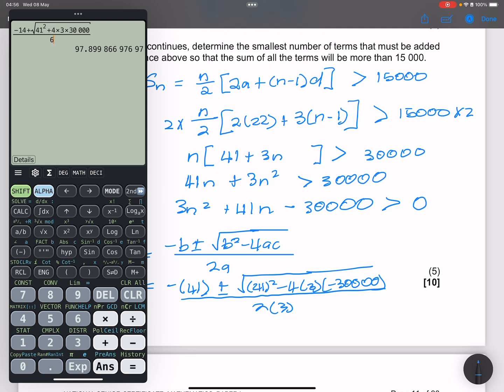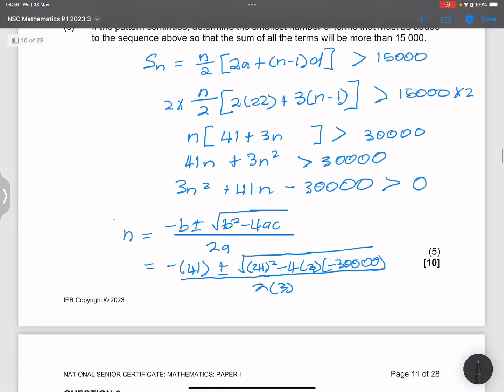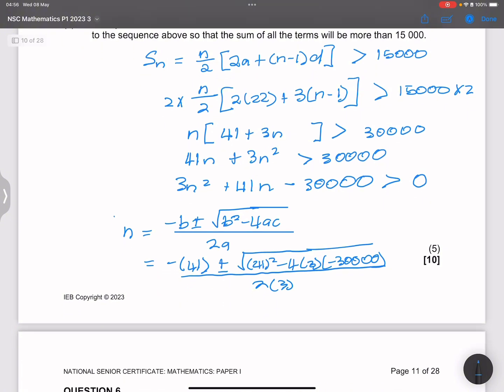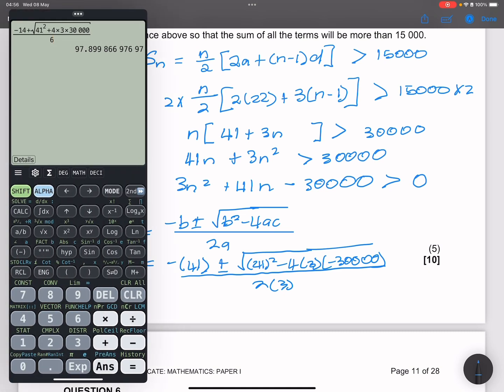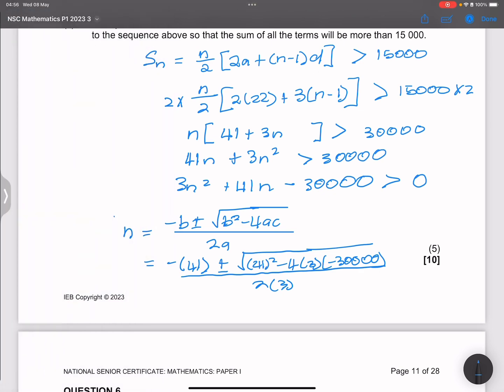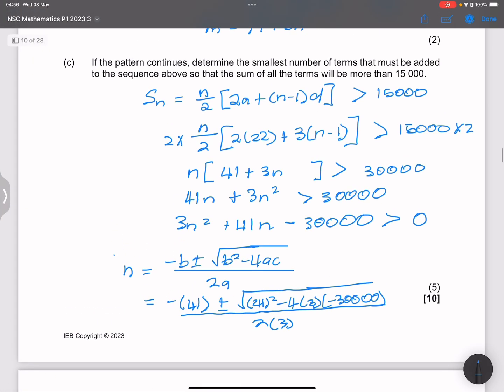So n would be equal to 80,000 in this case, and n would be equal to 97,000. Well, let's say they said round the sum of all terms must be more than 50,000, 15,000.